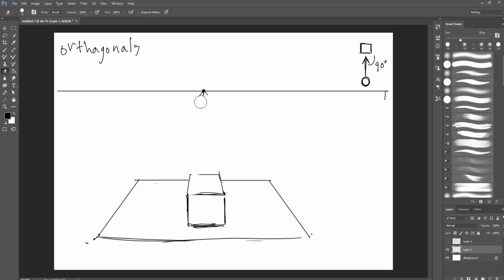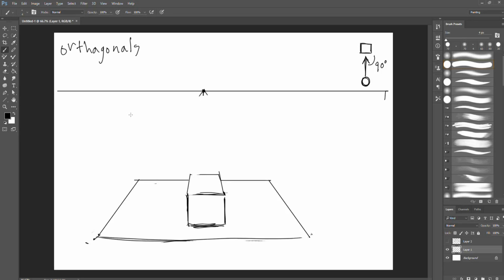So the first rule of linear perspective is that parallel lines converge away from the viewer, and they converge to a point that lies at our eye level, no matter where our eye level is in relation to a scene. So, this is kind of interesting.